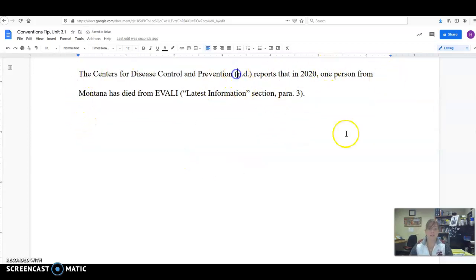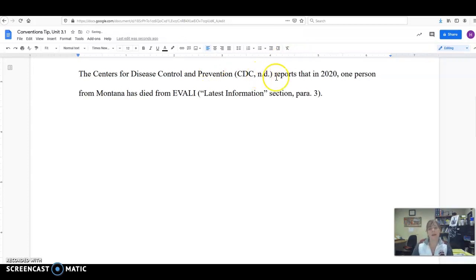How do we do this? Well, before the date, but still right after the first mention of that organization, we're going to say CDC. And then if the date immediately follows it, we're going to have ND. In this case, we have ND because there was no publication date on the article. Otherwise, if we had a date, it would appear right here. Okay, so immediately after the organization name, the acronym appears.